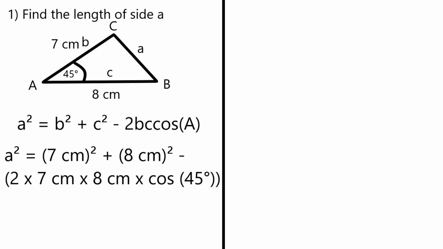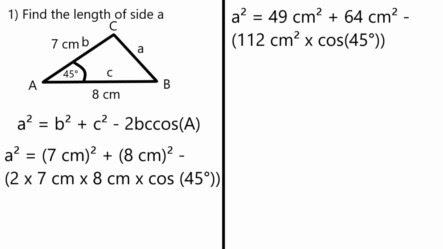So 2bc cos A is going to be 2 times 7, because b is 7, times 8, because c is 8, times cos of 45 degrees, because angle A is 45 degrees. Next line, I'm simplifying it a bit. So we've got a squared is 49 centimeters squared plus 64 centimeters squared minus 112 centimeters squared, all in brackets, multiplying cos 45 degrees. We've literally just subbed everything in.